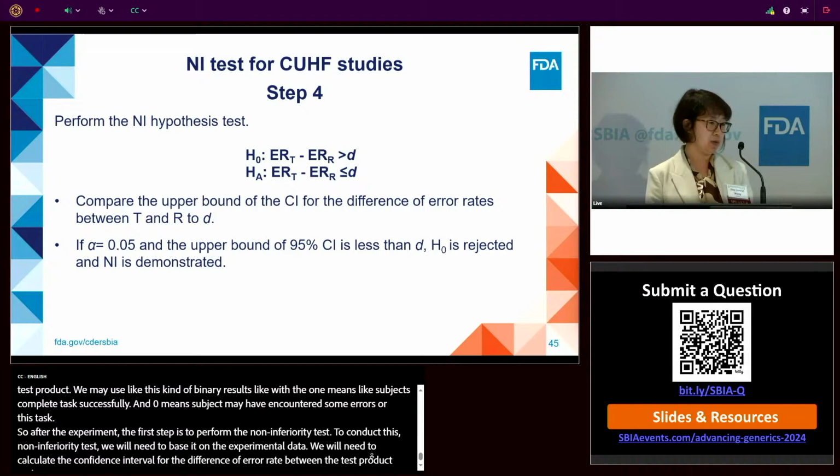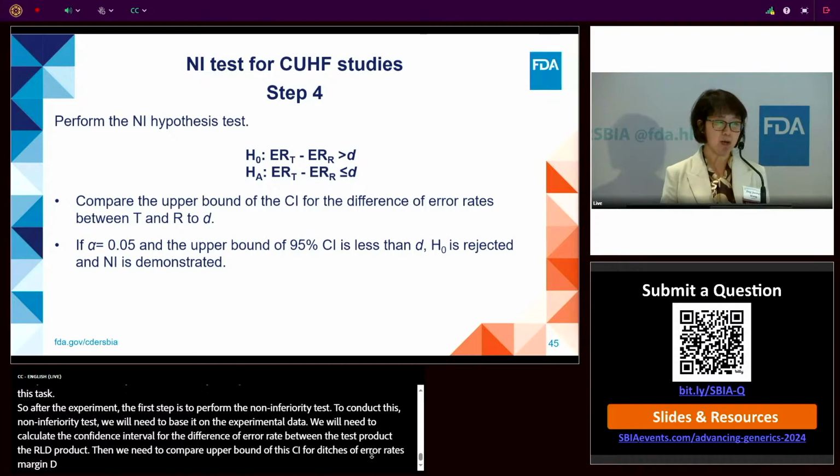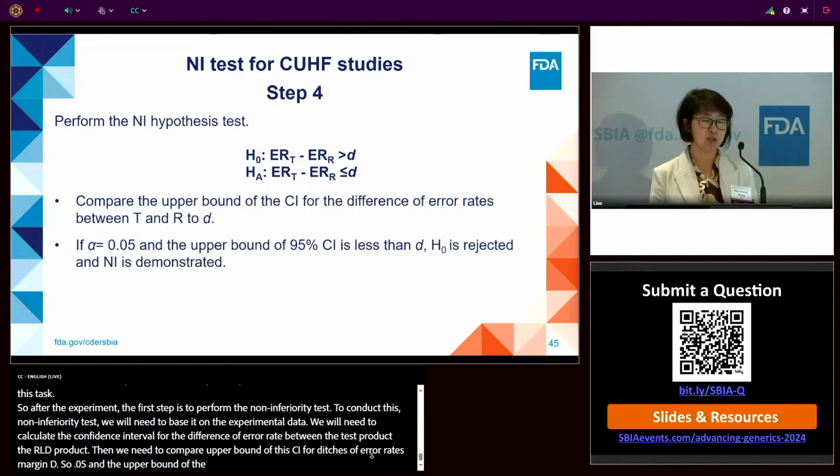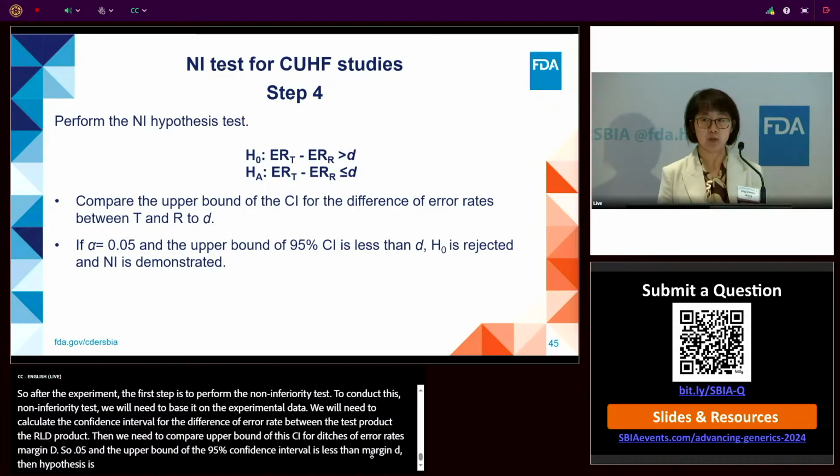Then we need to compare the upper bound of this confidence interval to the allowable margin D. So if, given the alpha level equals 0.05, the upper bound of the 95% confidence interval is less than the margin D, then the null hypothesis is rejected and the non-inferiority is demonstrated.